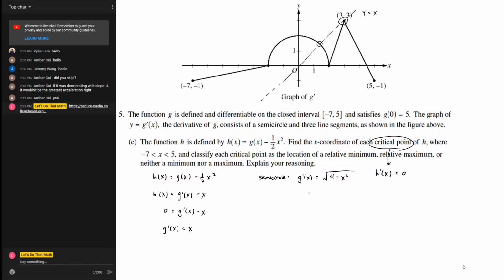So if I say x is equal to that, and I just solve for the x value, that's x squared is equal to 4 minus x squared. 2x squared is equal to 4. x squared is equal to 2. x is equal to plus or minus rad 2. But you can see in our picture, it's only the positive one, right? So the critical point here is only going to be x is equal to rad 2.